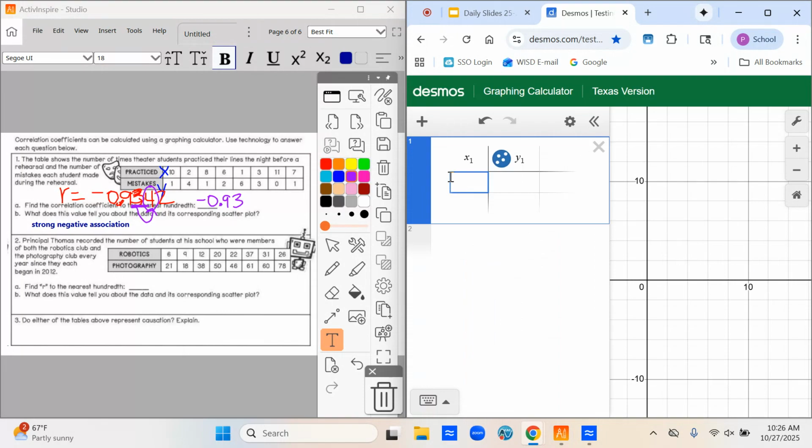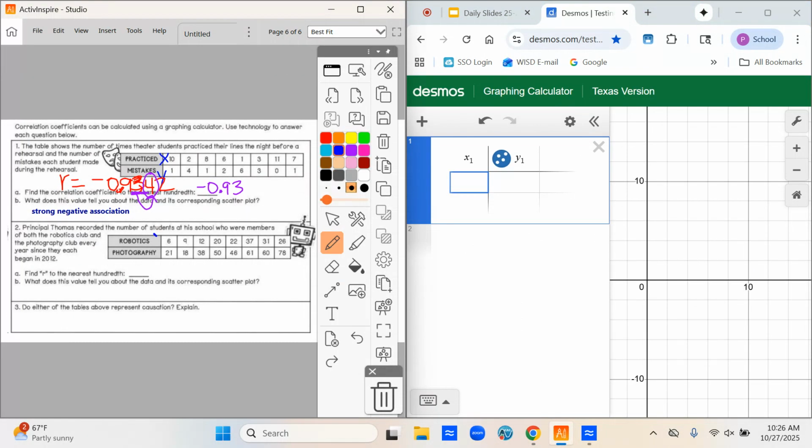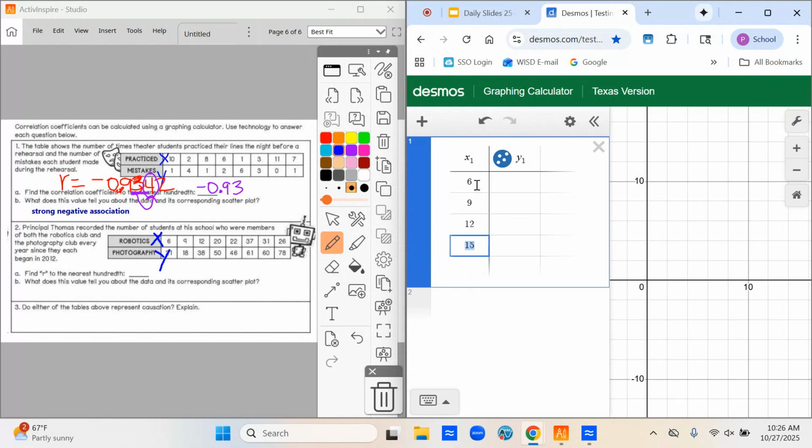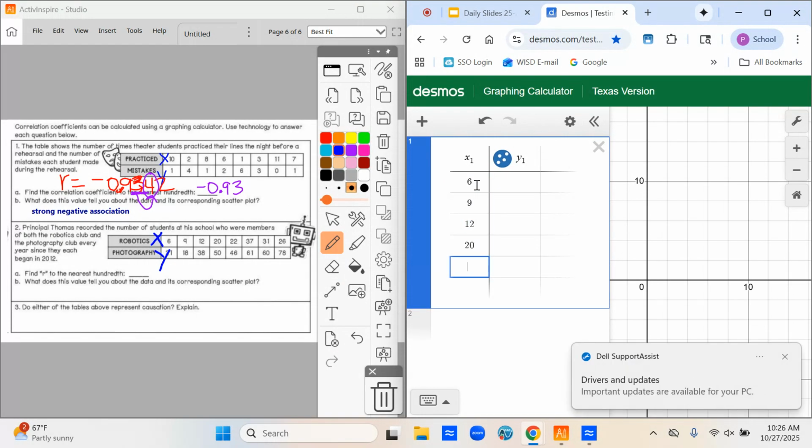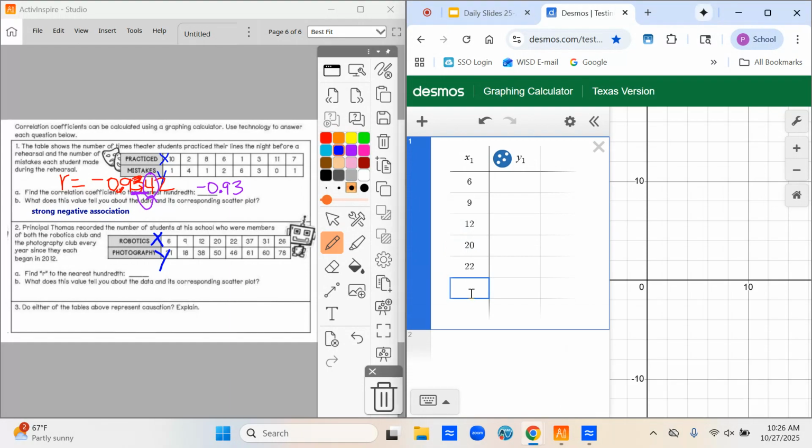Now, my robotics is going to be my X values because again, your top row is normally your X, your bottom row is normally your Y. And I'm going to plug in my X values into my table. 6, 9, 12, 20, 22, 37, 31, and 26.